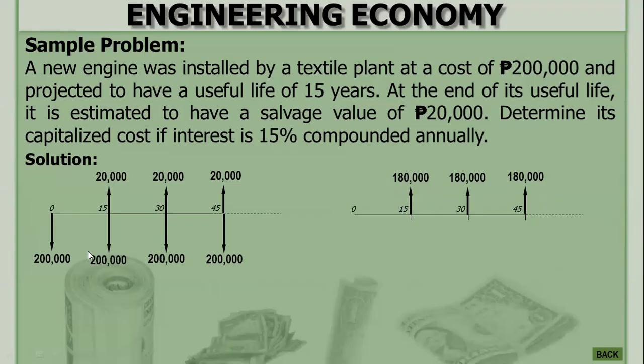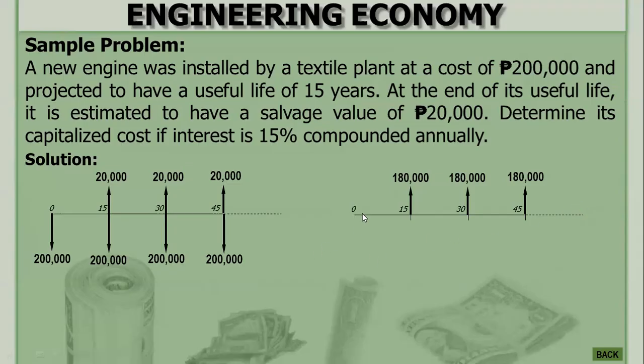You need 200,000, but you also receive the 20,000, so you will only need 180,000 to buy the new engine. 180,000 is the amount for replacement, forever, every 15 years.